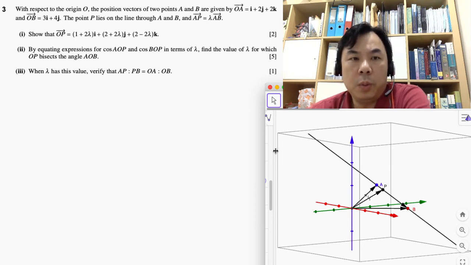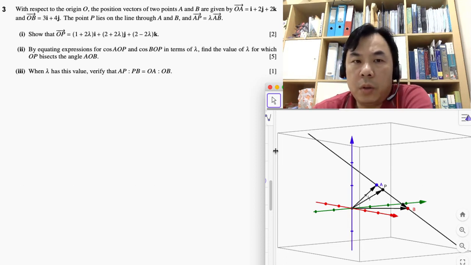And number two, by equating expressions for cos AOP and cos BOP in terms of lambda, we need to find the value of lambda for which OP bisects the angle AOB. And finally, when lambda has this value that we have discovered, we need to verify that the ratio is actually given as such.